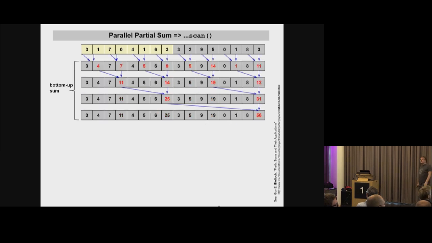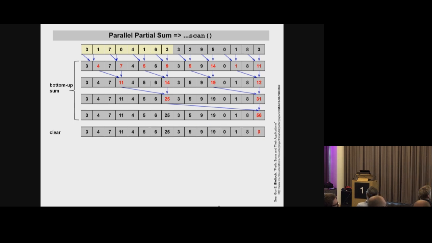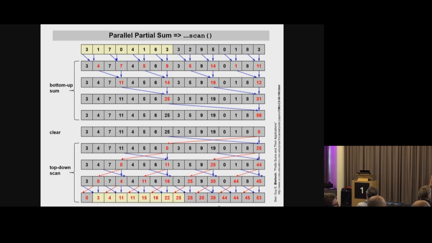You sum up all the intermediate sums, first of all 2 elements, then of all 4 elements, then of all 8 elements, etc. So you compute a binary tree of all the sums, and then you go down and use this information to compute the final values. And as you see, in all the steps, everywhere where we have multiple computations on the same level, they can all be computed in parallel.